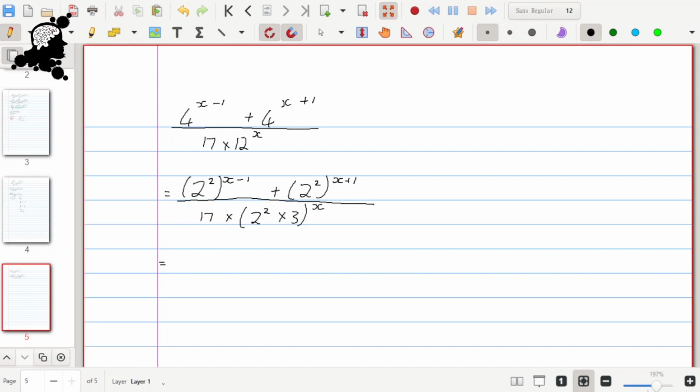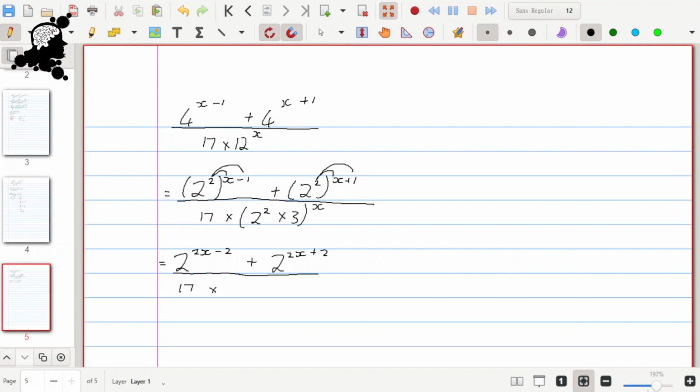Now we need to multiply out our exponents. So 2 times x, this is 2x. 2 times minus 1, this is minus 2, plus 2 times x, this gives me 2x. 2 times 1, this gives me positive 2, all over 17 times.